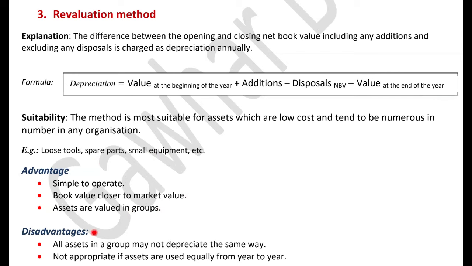The disadvantages being, number one, all assets in a group may not be depreciated the same way because all assets in a group may not be used in the same way. Number two, not appropriate if assets are used equally from year to year, which is applicable for the straight line method. So the revaluation method will be applicable for assets which are small and are numerous in number.